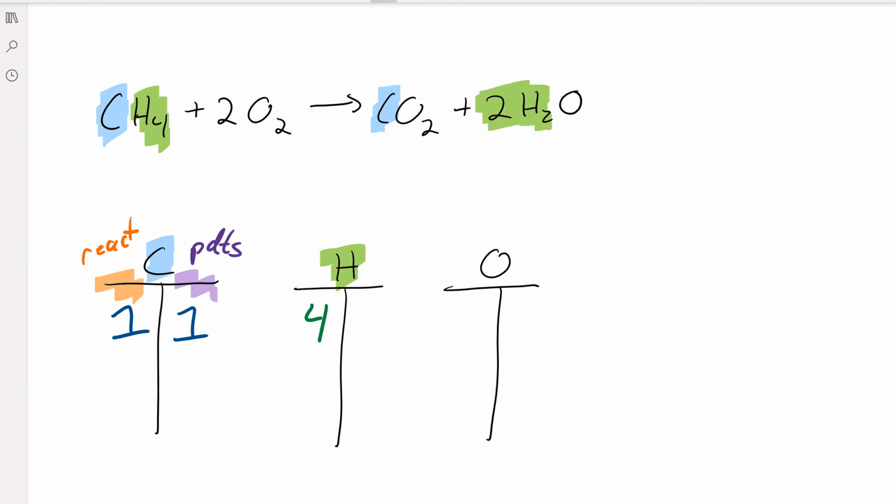So we have 4 hydrogens there. And then finally, oxygen. On the reactant side, we have 2 O2s, which is 4 total atoms of oxygen. And on the right side, we have an O2 there, and then we have 2 waters over here, which adds up to a total of 4 oxygens. And so what we can see is that this equation is indeed balanced.